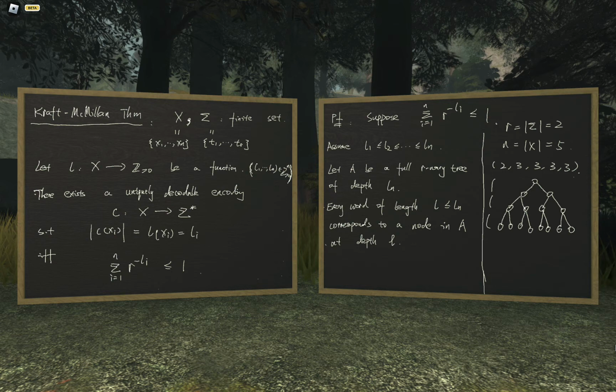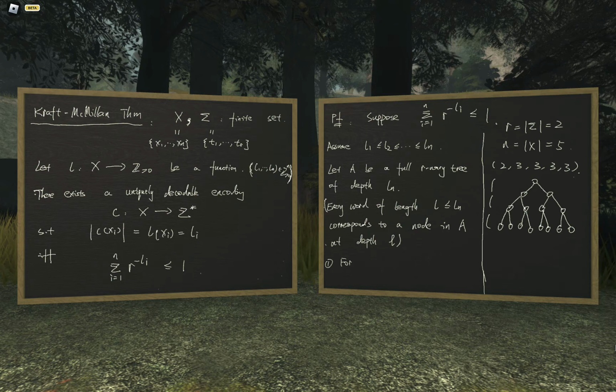Now, this is the observation. Let's construct this code, this encoding. We have this tree now. For each x, let's do x1 first. So step 1, we take x1.